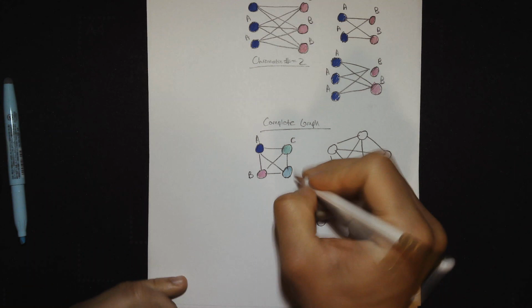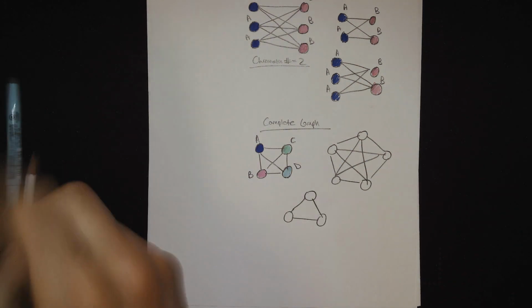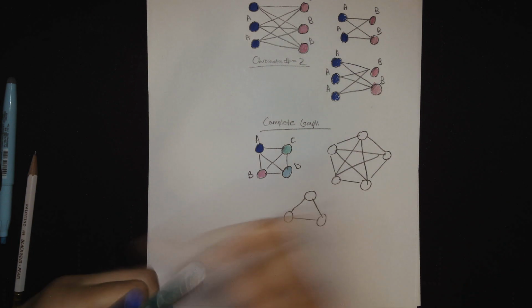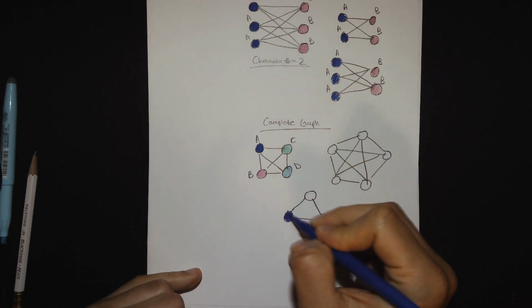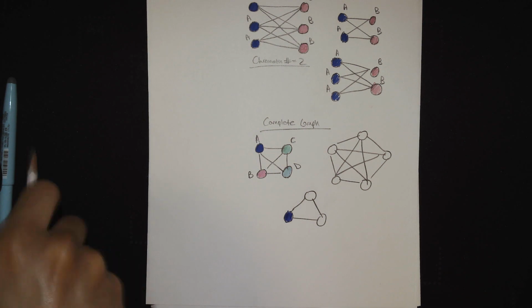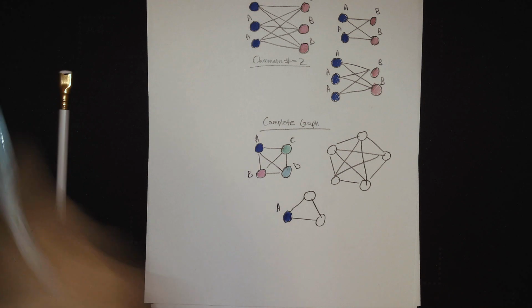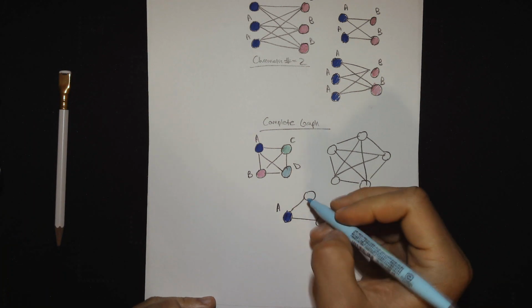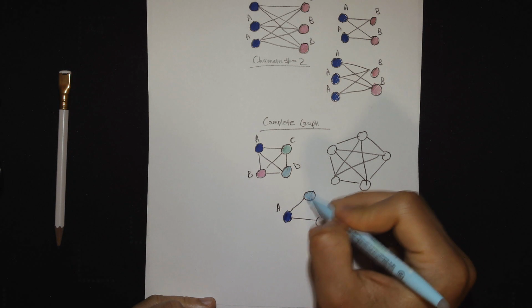You can use the same argument for a complete graph on any number of vertices. If we start by assigning one vertex a color or label, and we're looking to assign the next vertex a color or label, it has to at least be different from the previous.